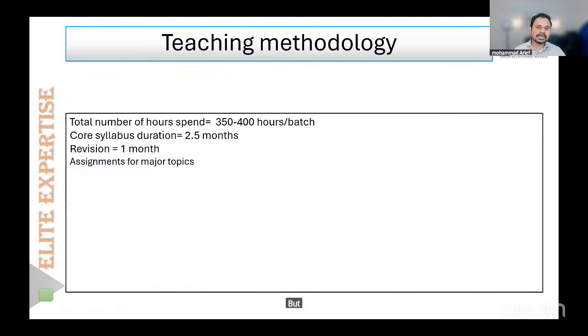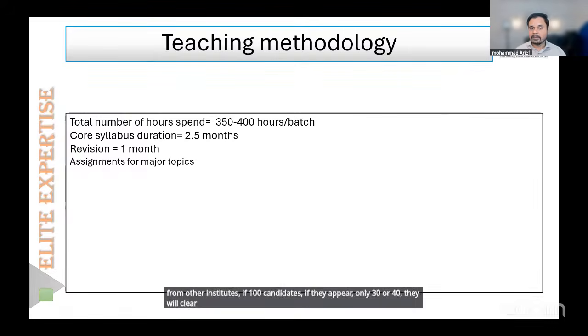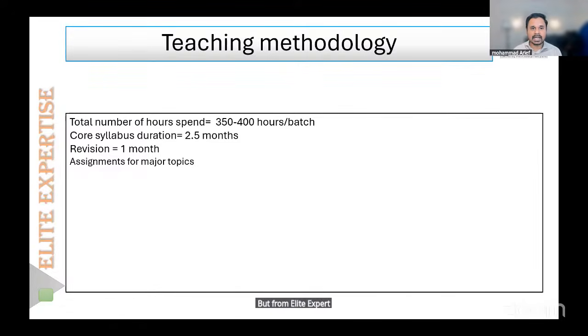But at Elite Expertise, it is 130, 150, 160. From other institutes, if 100 candidates appear, only 30 or 40 clear the examination. But from Elite Expertise, if 100 candidates appear, then 90 to 95 clear this examination.